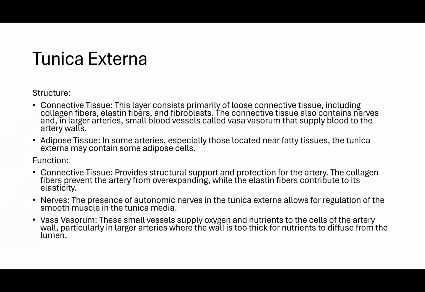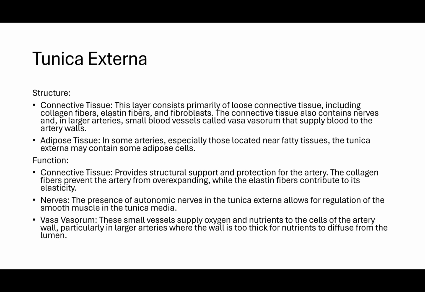It also has adipose tissue, so in some arteries, especially those located near fatty tissues, the tunica externa consists of adipose cells or fat cells. The connective tissue is important for the protection of the arteries, and the collagen adds strength, speaking about the tensile strength of the arteries, via the collagen fibers.